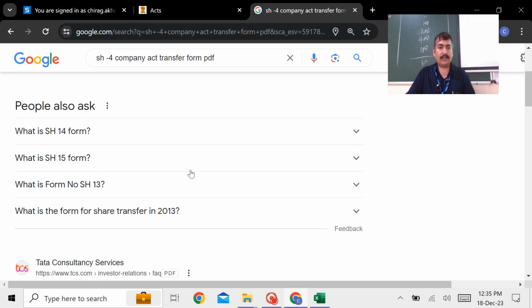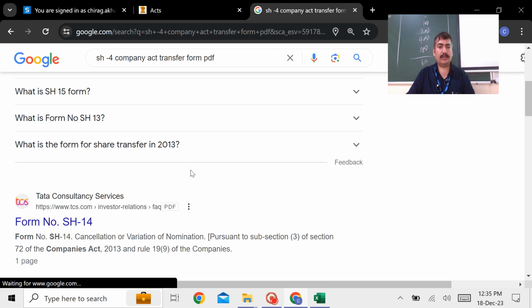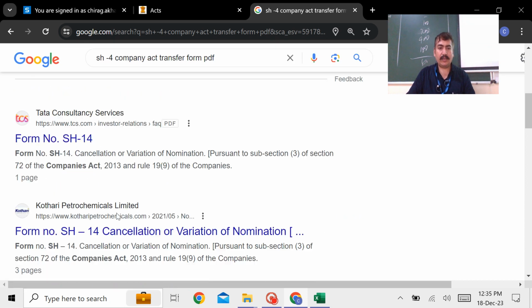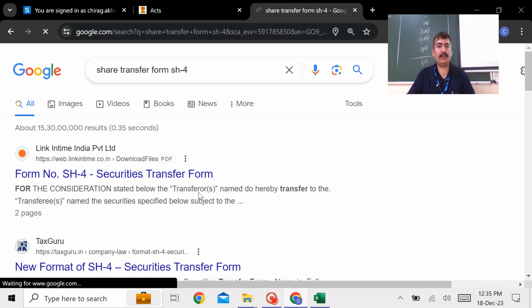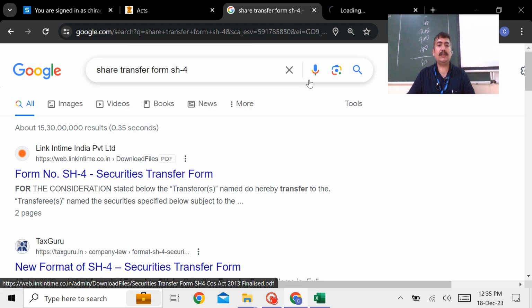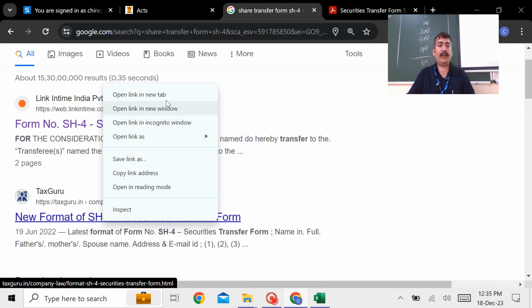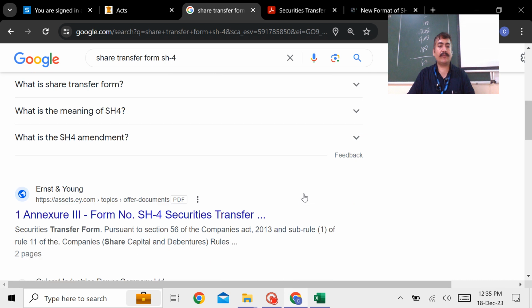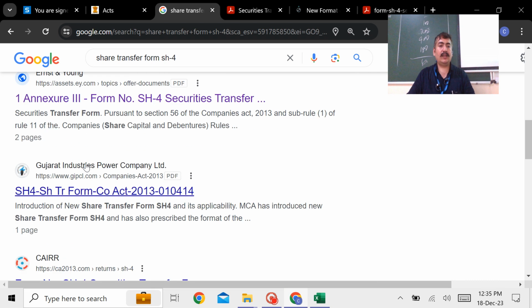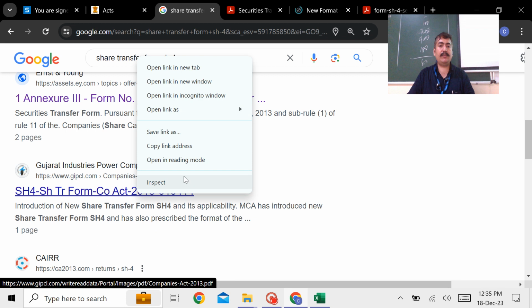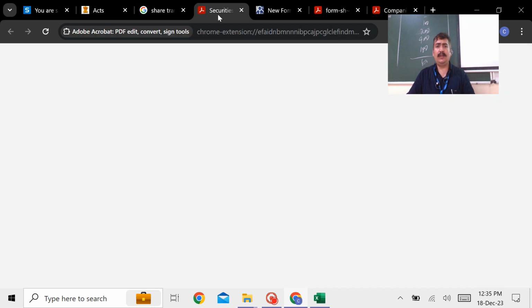Not SH6, not SH14, we need SH4. Yes, share transfer form SH4. Look at all these forms.